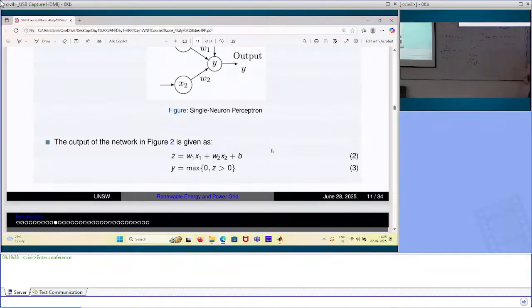And y is the maximum of 0 and z: if z is less than 0, the output is 0, and if it is greater than 0, the output is whatever z is. It's very well defined, no hassle in it.